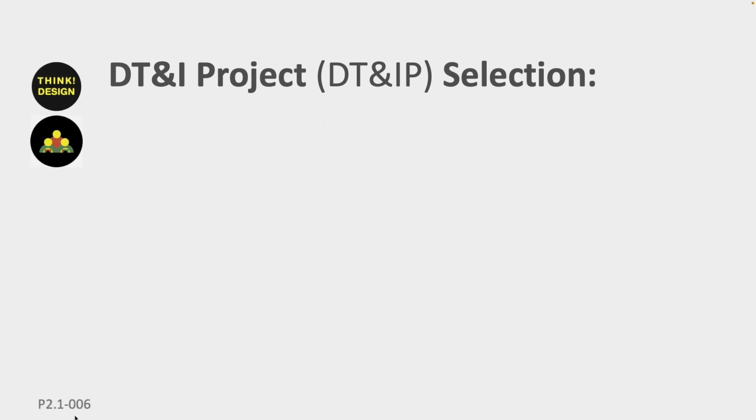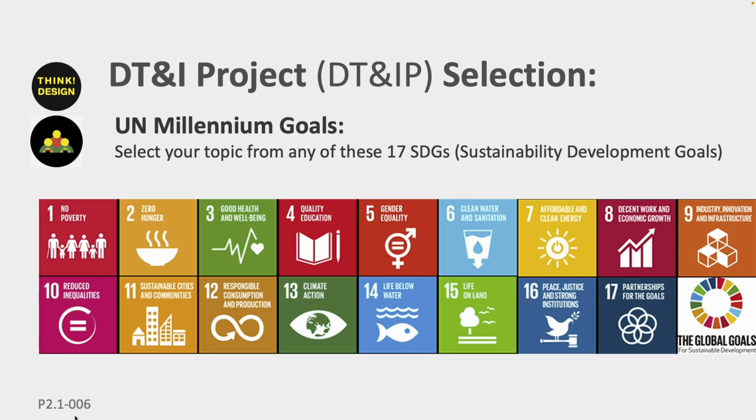So, if you look at all the SDG goals, you need to select one out of these: no poverty, zero hunger, good health and well-being, quality education, gender equality, clean water and sanitation, affordable and clean energy, decent work and economic growth, industry innovation and infrastructure, reduced inequalities, sustainable cities and communities.